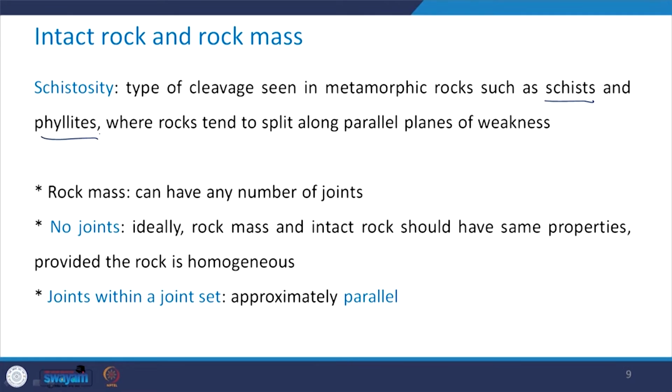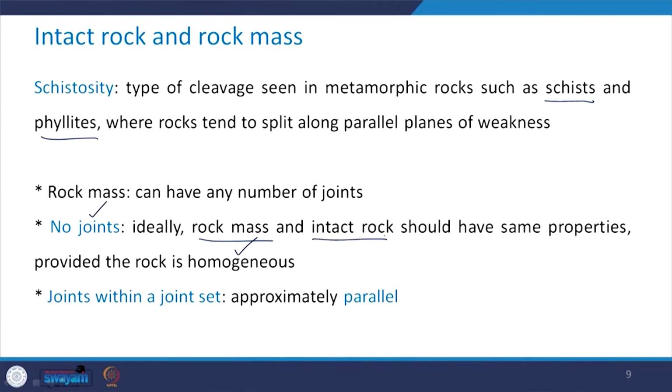If the rock is heterogeneous and there is no joint, then we cannot say that the properties of the rock mass and intact rock are going to be the same. But if the rock is homogeneous and there are no joints, then rock mass and intact rock have the same properties. Now joints within a joint set are approximately parallel.